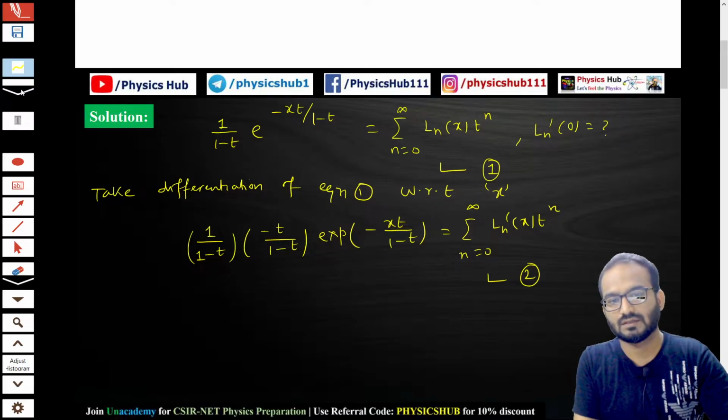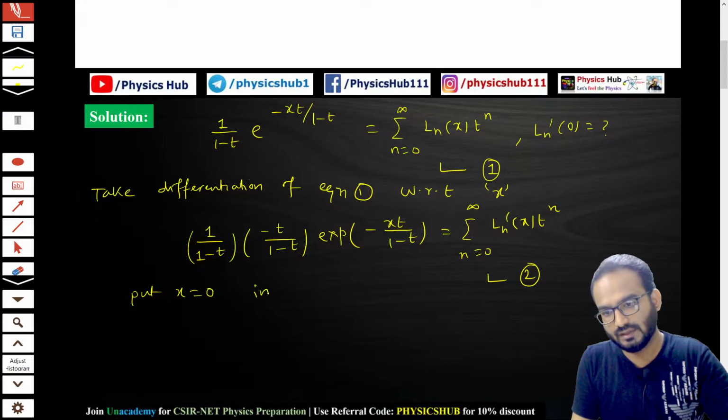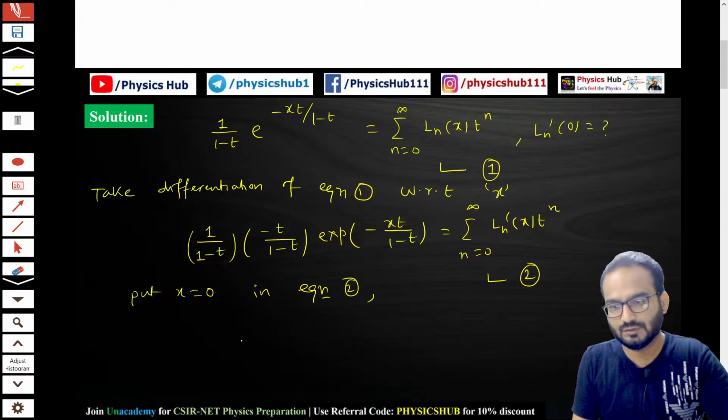Once we get this expression of L_n prime, we can just put x equals 0 in equation 2. So you put x equals 0 in equation 2, what are you getting?